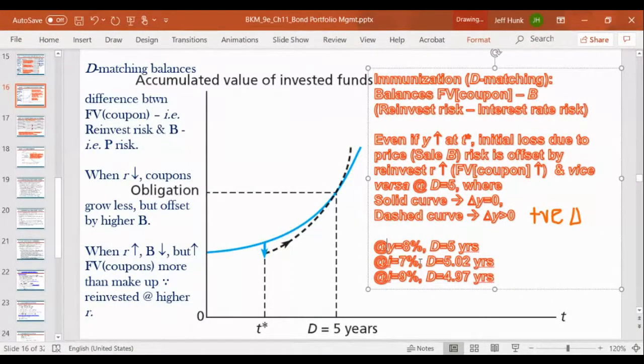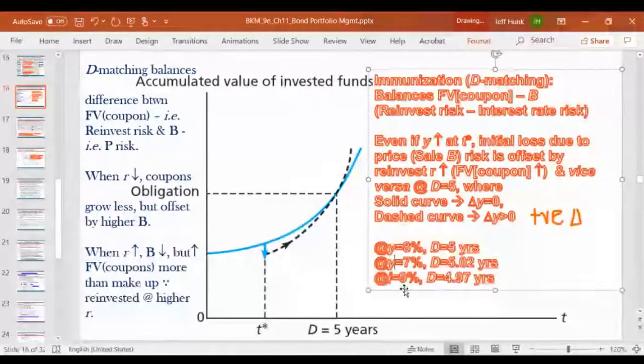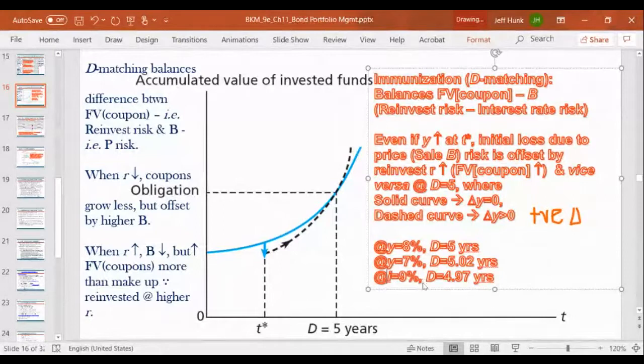So when interest rate is 8%, right? Then the duration is 5 years. But when interest rate is 7%, then the duration is 5.02 years, right? Slightly longer. When interest rate is 9%, duration will be 4.97 years, right?